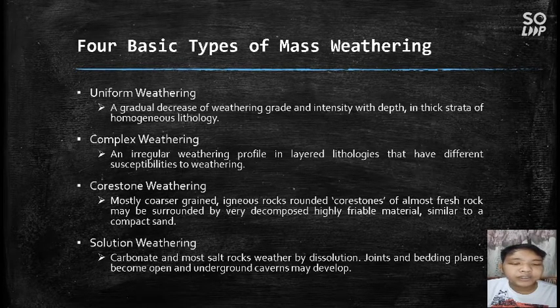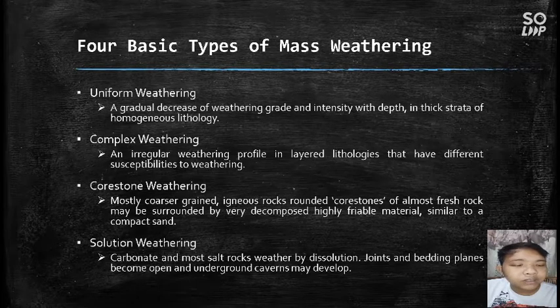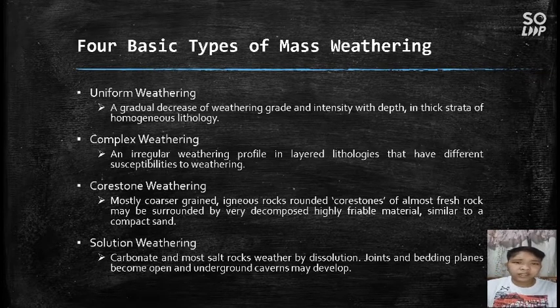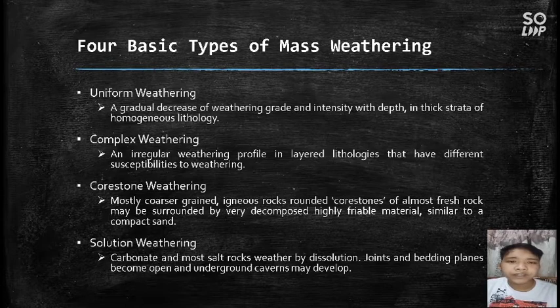So next is the core stone weathering, which is mostly in coarser grained igneous rocks. Rounded core stones of almost fresh rock may be surrounded by very decomposed, highly friable material, similar to a compact sand. Core stone weathering is very simple to understand.